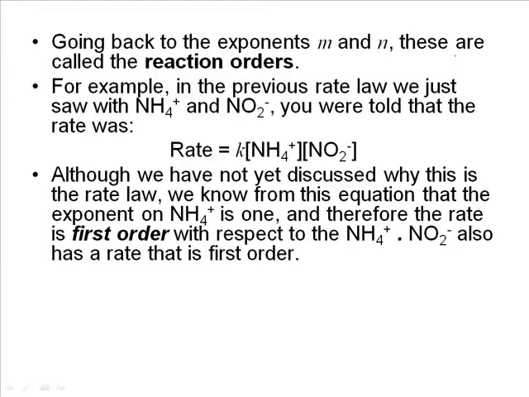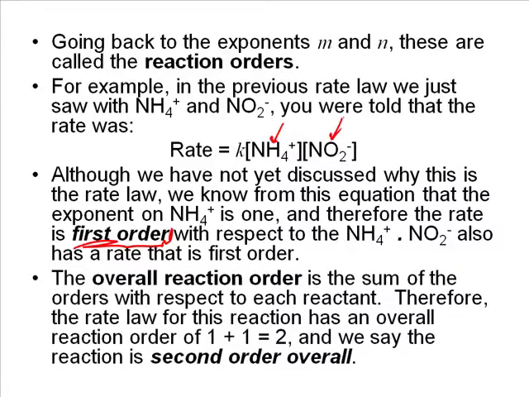And again, we haven't talked about why, but because there is no number written up here for NH4 plus and NO2 minus, we say that those are both to the first power. If they're both to the first power, then you say that it is first order. So this reaction is first order with respect to NH4 plus, and it's also first order with respect to NO2 minus.